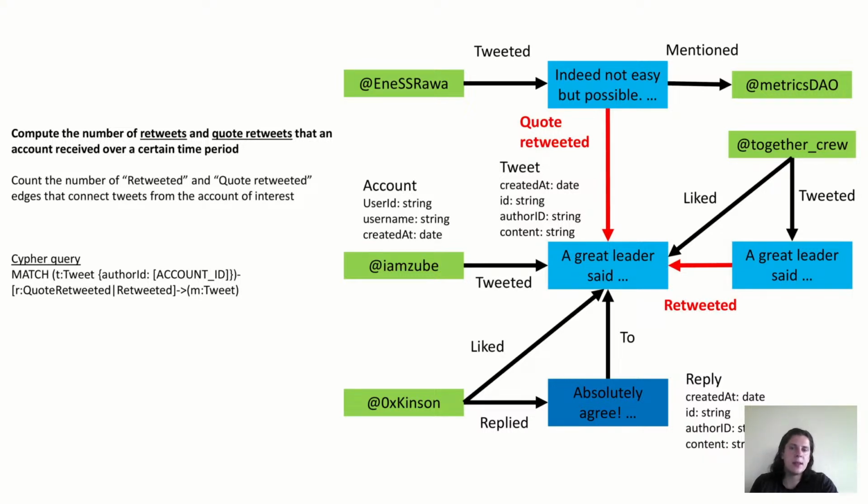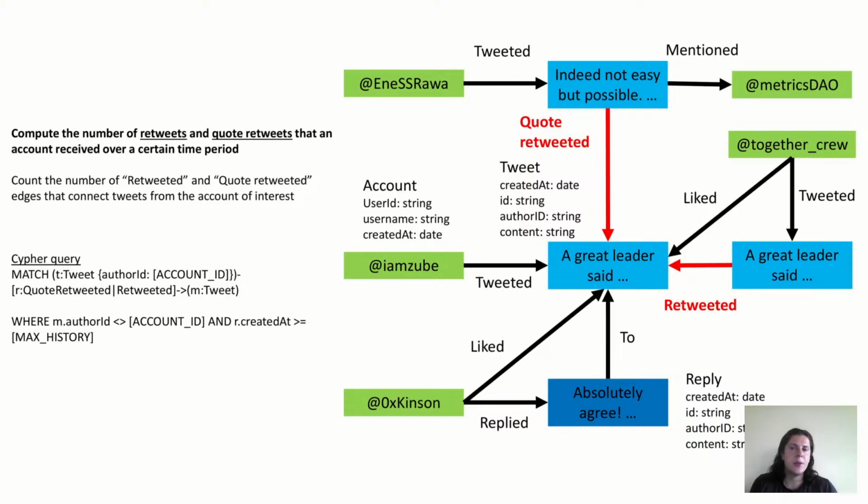Then in addition to that, we can add some additional filters. For instance, maybe we want to exclude all of the cases where the author retweeted or quote retweeted their own tweet, because that doesn't show an actual interaction between two different accounts. It's just an account sending their own tweet again. So we might want to exclude the account ID from all the quote retweets and the retweets.